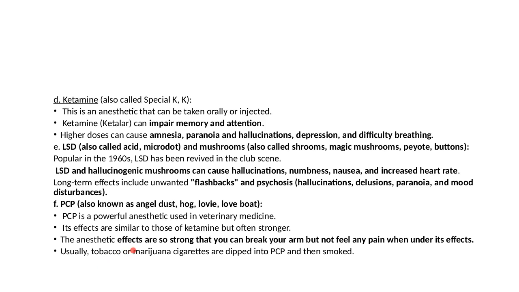Usually tobacco and marijuana cigarettes are dipped into PCP and then smoked. So you'll find people abusing tobacco, marijuana, as well as cigars together with PCP. And remember, PCP has a lot of effects because once you numb yourself continuously, it will definitely affect your body, because you're affecting your nervous system.